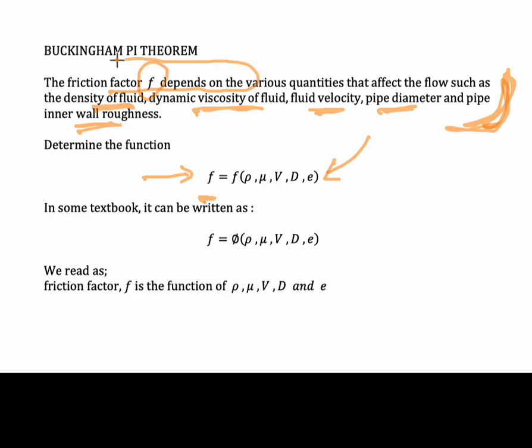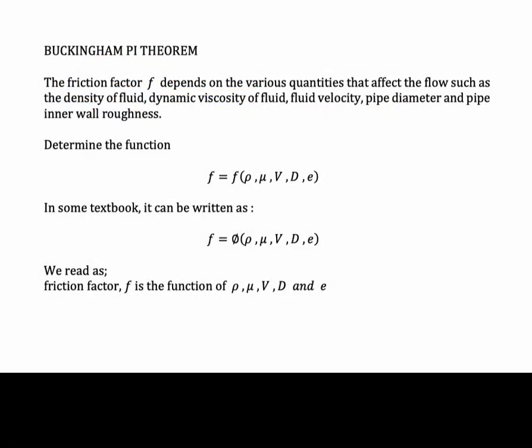From the question, it seems that we want to determine the friction factor, so friction factor will become the subject in this Buckingham pi theorem. So we put the subject here in the mathematical expression. We have f is, and the letter f here means the function of.